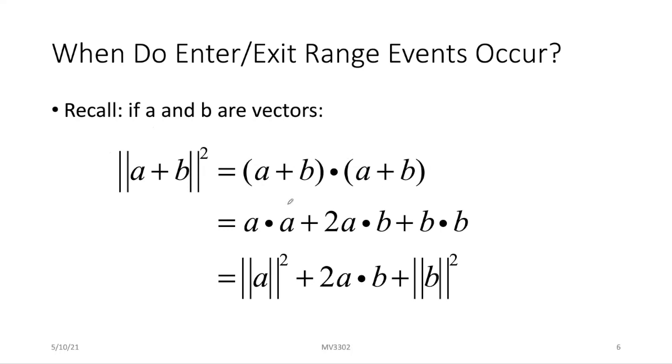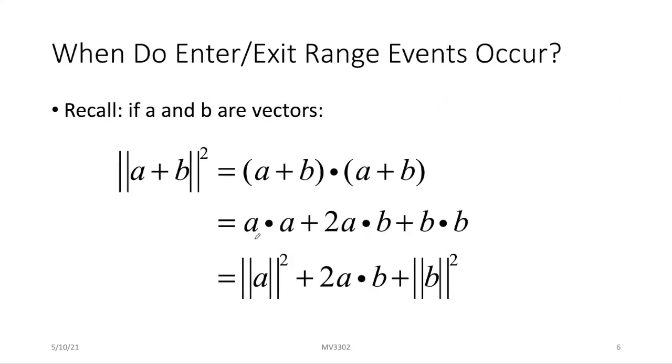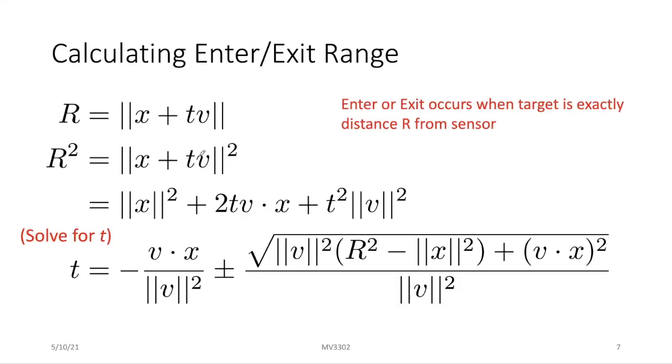So by multiplying this out and using the distributive law, we have a dot a, plus 2 a dot b, plus b dot b. And then remember that the norm squared is the same as the dot with itself. And so that's norm of a squared plus 2 a dot b plus norm of b squared. Again, remember a and b are both vectors here. So how can we apply that?